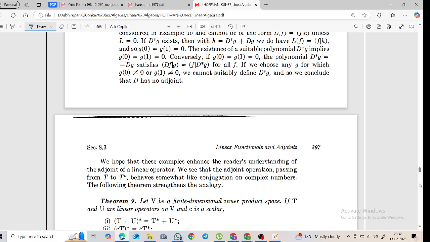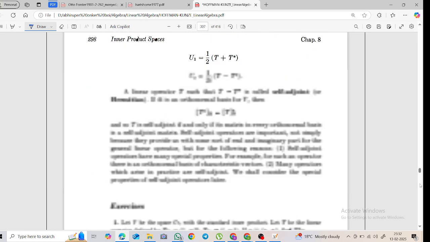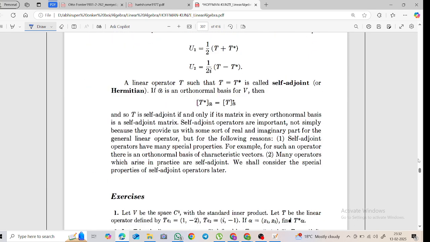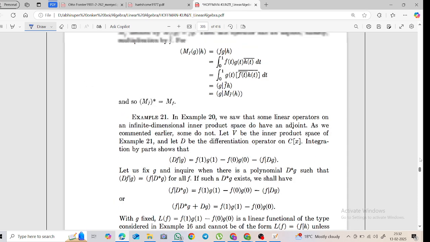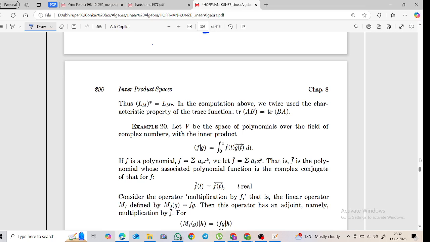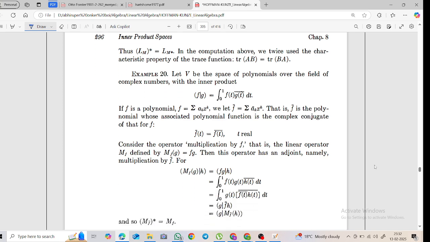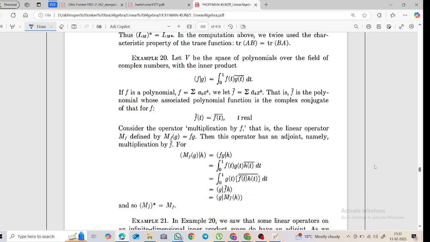No adjoint theorem. So, example here. Okay, have a look at example 20. Have a look at example 20. You have 3, 4 minutes.